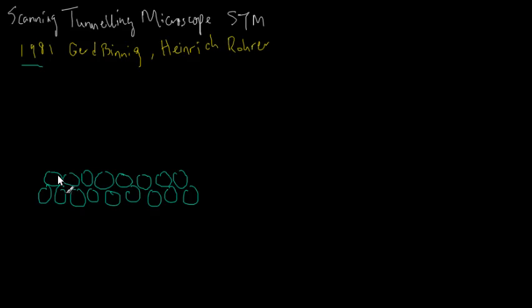Now, suppose that this picture here shows the surface of, say, a piece of metal, and suppose that, well, maybe I'll just call it copper. Copper metal surface, where we have these rows of atoms arranged nicely on the surface.